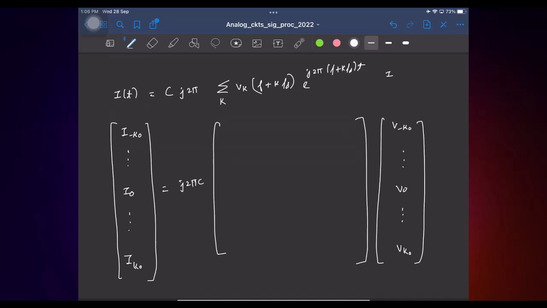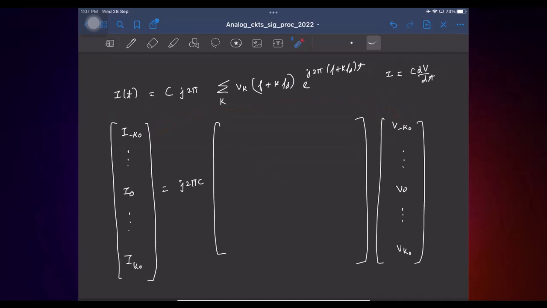It's a constant capacitor. It doesn't vary with time. I apply a frequency f as the voltage or current, whatever. What will be the frequency? Okay, I is C dV by dt, right? I am saying the capacitor is not changing, which means this is the relation. I apply a frequency f as voltage. What frequency components will be? Only f. So what can you comment about the matrix now? Frequency at f minus k naught f_s only results in current at f minus k naught f_s.